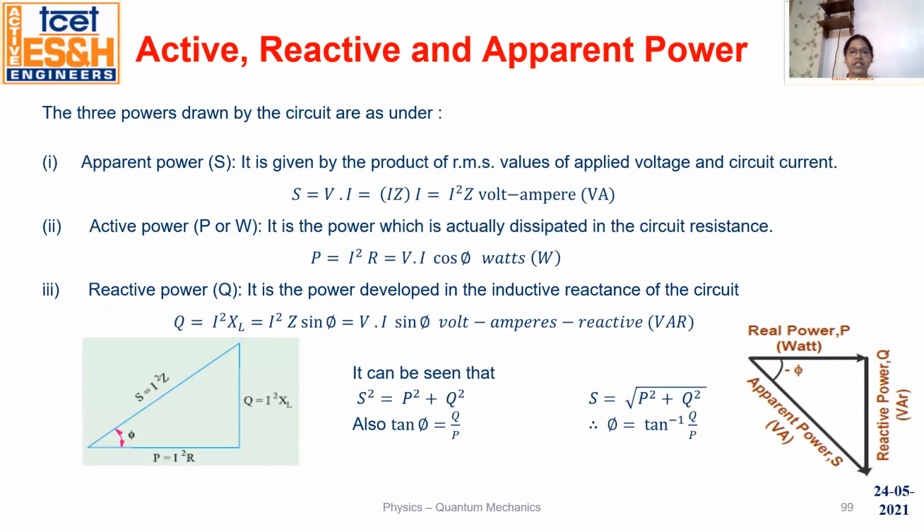In the next case, we discuss in general the reactive power, active power and apparent power. Apparent power is nothing but the total power given to the circuit from the source. So suppose this is the source; supply voltage into supply current is the total power.